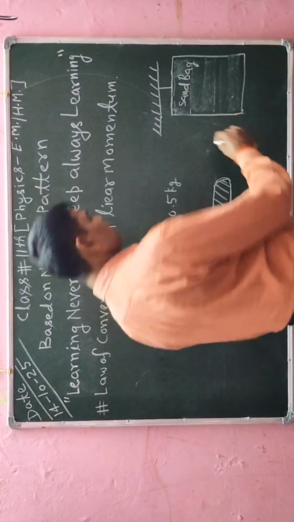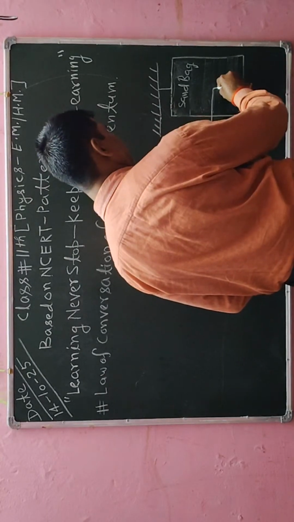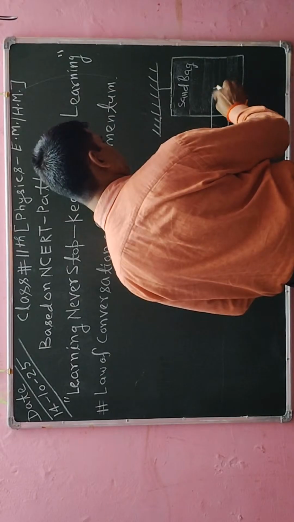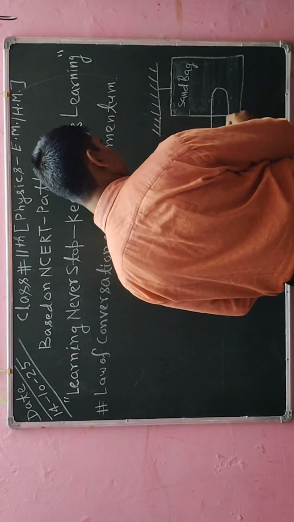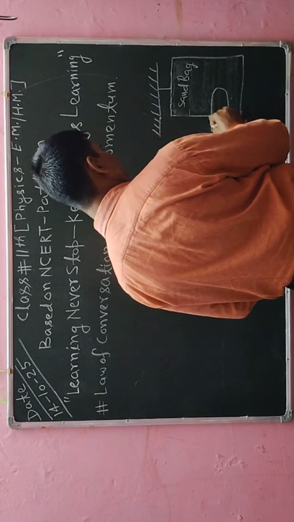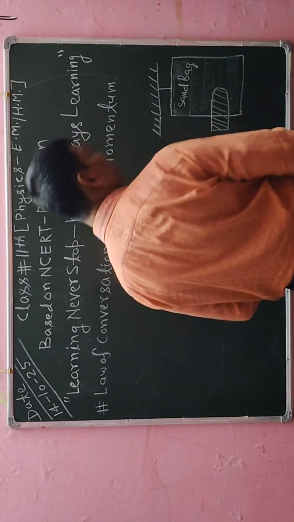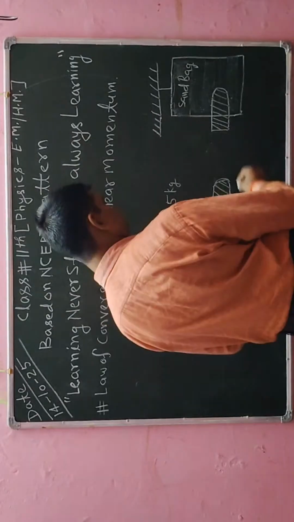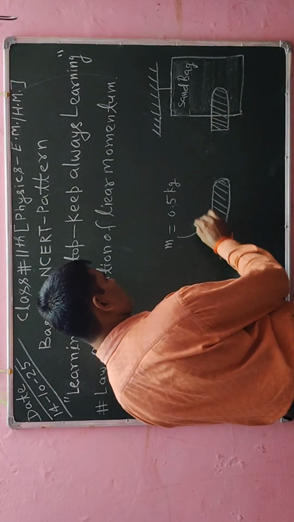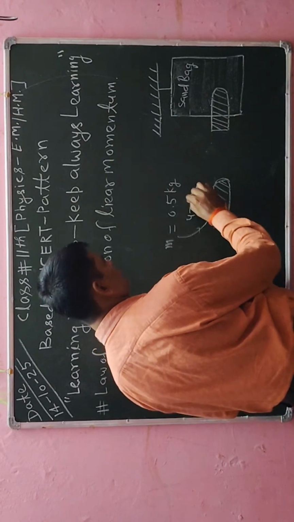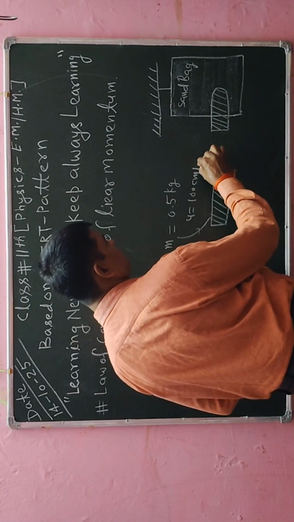Suppose that it is available inside the bag like this. So we have to get the force which is exerted by this object on the sand bag. So I will say this object has this mass and it has initial velocity. Suppose that here I am going to take 100 centimeter per second.